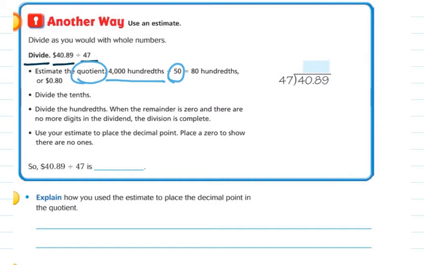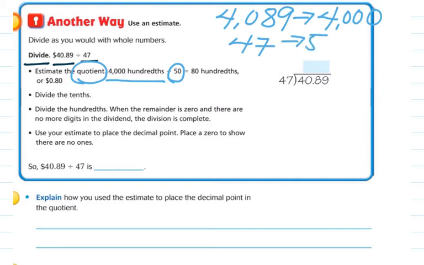So we looked at this number and we saw, well, 4,800 is pretty close to 4,000. And then we said 47 is pretty close to 50. And we know that in our multiples of 5, one of the answers is 40, because we know that 5 times a number was equal to 40.